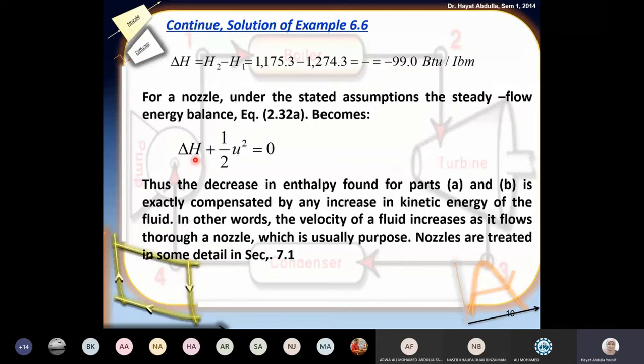With the nozzle, according to the question, there is no heat transfer, and there is no work with a nozzle normally. So delta H plus change in kinetic energy plus change in potential energy is equal to 0, and the change in potential energy is 0 in this case. You will just substitute and find the velocity.